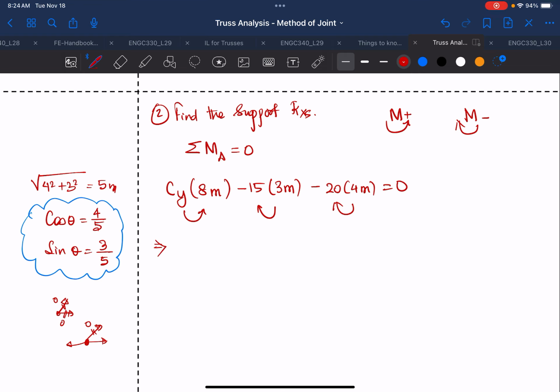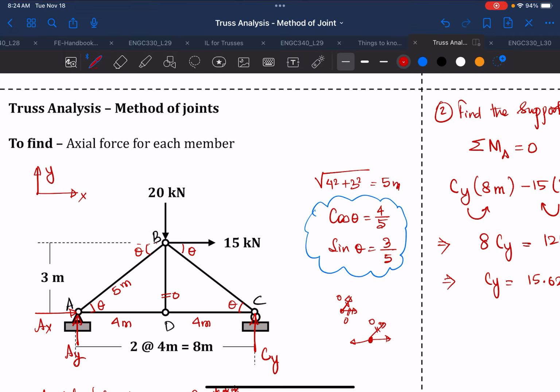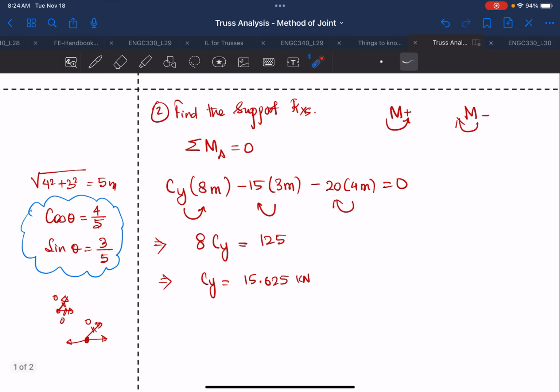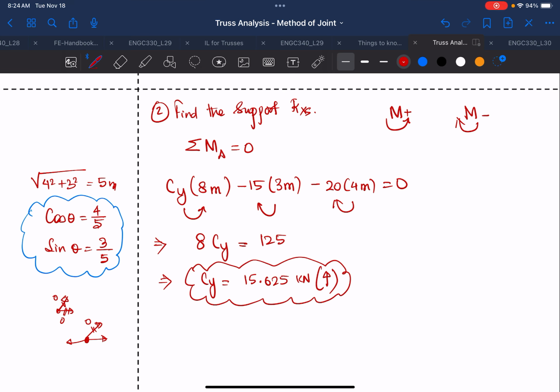So finally we have 8 Cy equal to 125, and Cy will finally be equal to 15.625 kilonewton. Because the value is positive, it agrees with our assumed direction, so we are going to put that as it is. So we have the support reaction Cy.